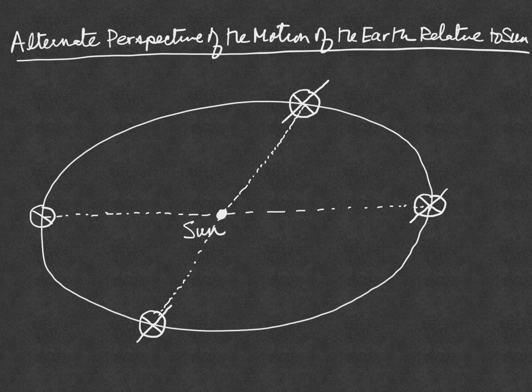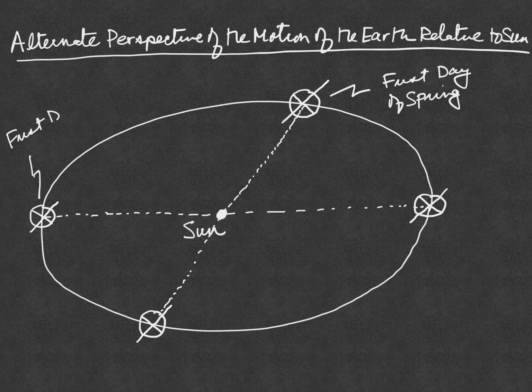Now these 4 points that I've drawn are not random by any stretch of the imagination. They're actually quite well defined. This point right here is the first day of spring. And then, of course, if I go around the circle, this point right here is the first day of summer.